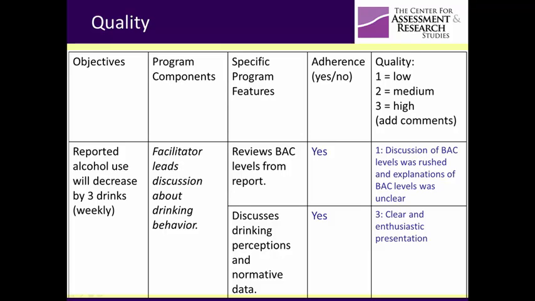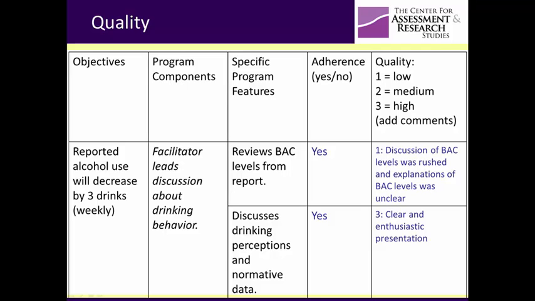So I know when we've done this, we basically look at quality using low, medium, or high, at least to have something to rate it by, but we also want people to add comments so it's very clear what we mean by it. 1, 2, or 3. So here we've gathered some quality ratings to our table. In this case, both features of the program did occur.